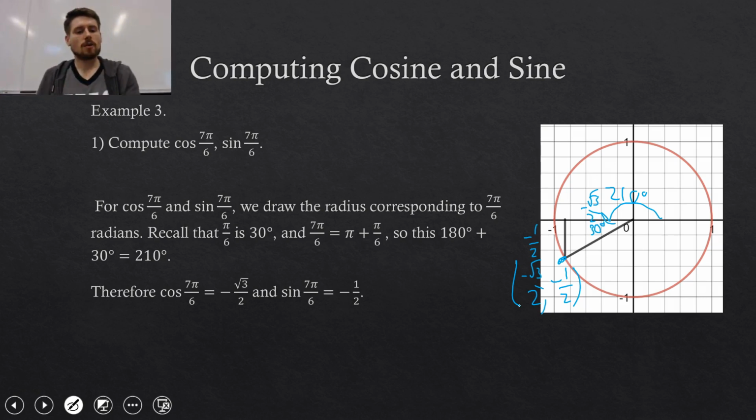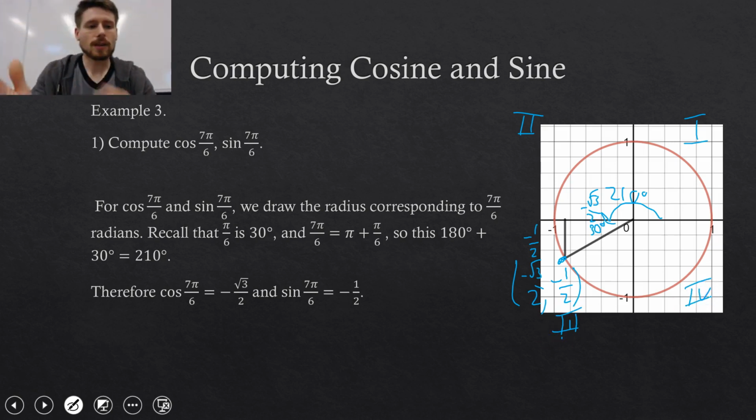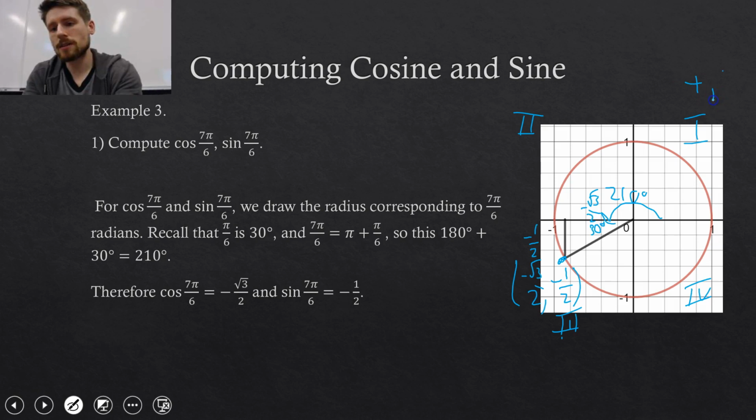I know that they both have to be negative because we're in that third quadrant. So the quadrants are labeled, I'll label them out, 1, 2, and 3. The third quadrant, and then this is the fourth quadrant. And in case you forgot about the signs of our points in these quadrants, in quadrant 1, both the x and y are positive.